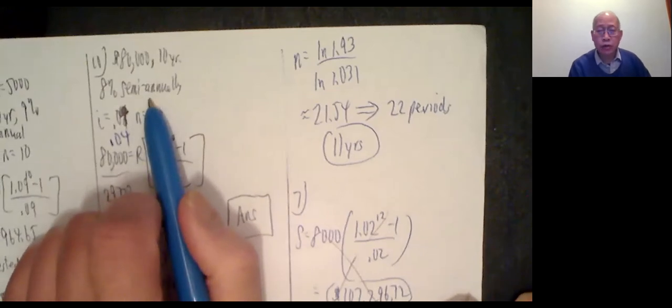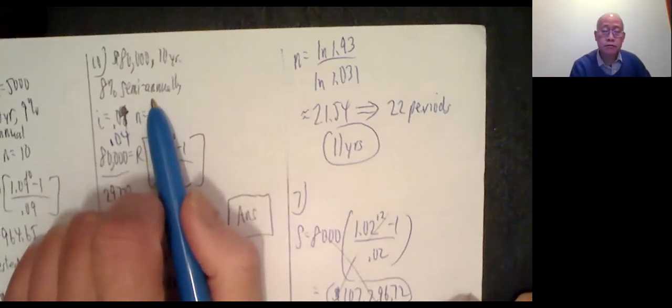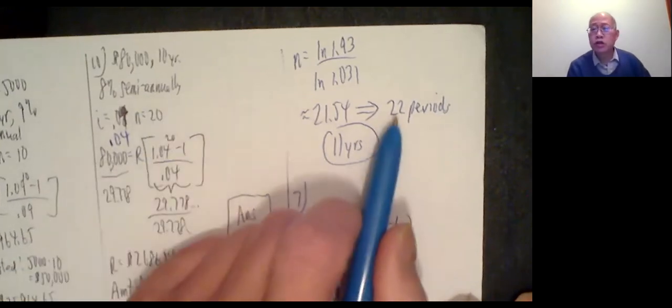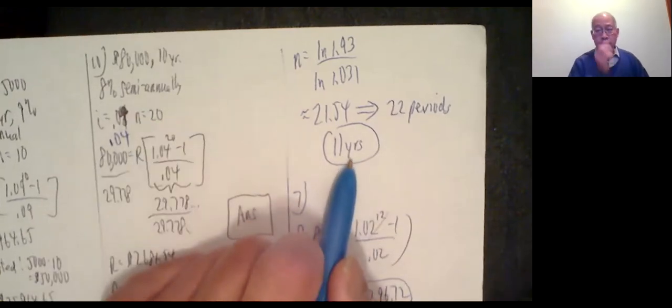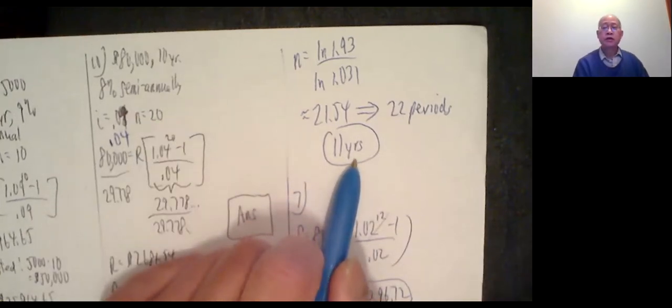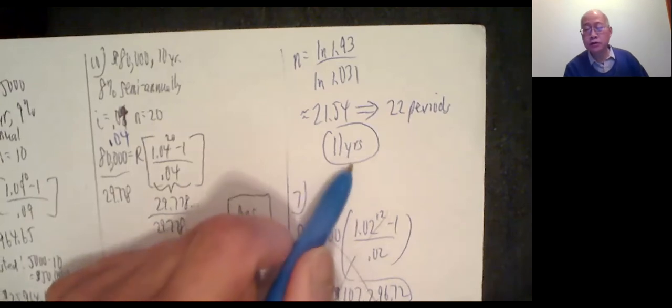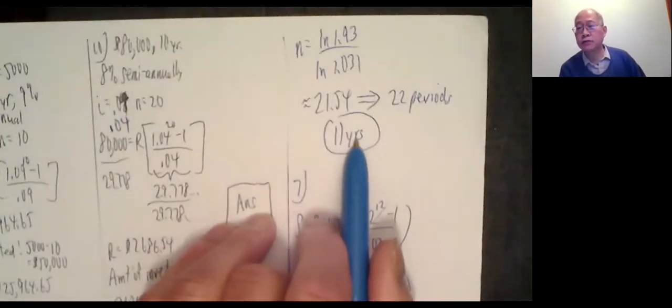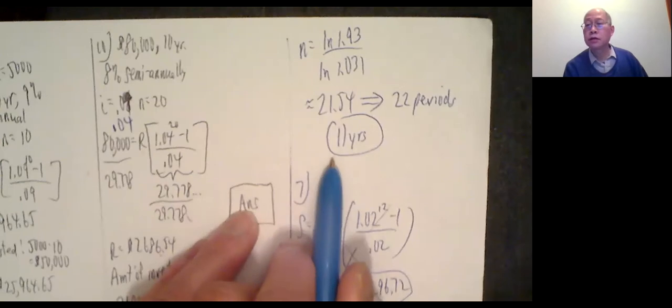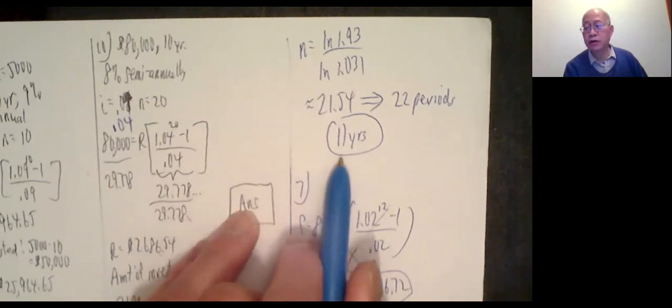It said semi-annually, right? Twice a year. So if it's 22 periods, twice a year, that means I give my answer as 11 years. So under this scheme, I have to do it 11 years in order to gain what I want. So that's how I present my answer for this particular question. That's the way it works.